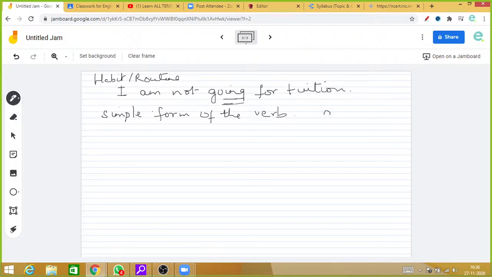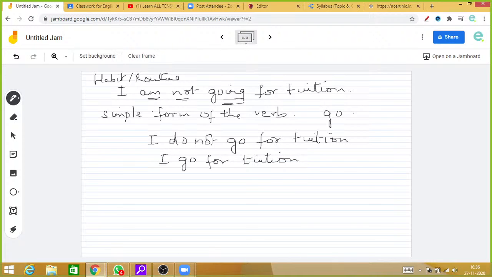Ma'am, go. Go. So, how will you say? When you say not, you say I do not go for tuition. Okay? Or a positive sentence you can say, I go for tuition.